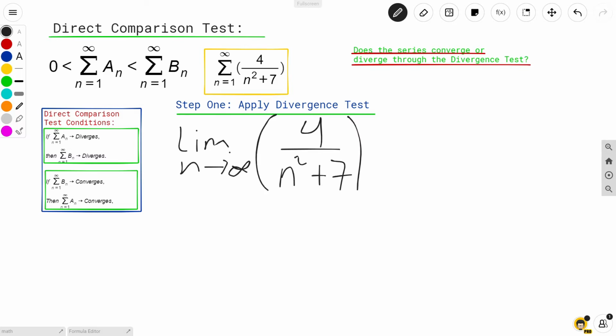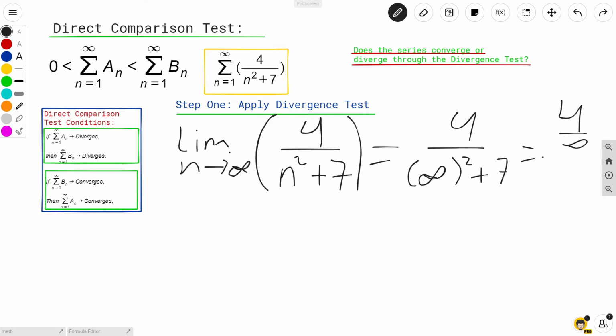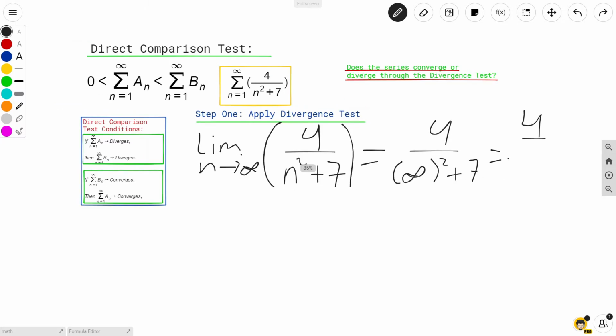Whenever we take the limit, we plug in infinity wherever we see n. So 4 divided by infinity squared plus 7 is equal to 4 divided by infinity, and 4 divided by infinity is equal to 0, because any constant over infinity is 0.